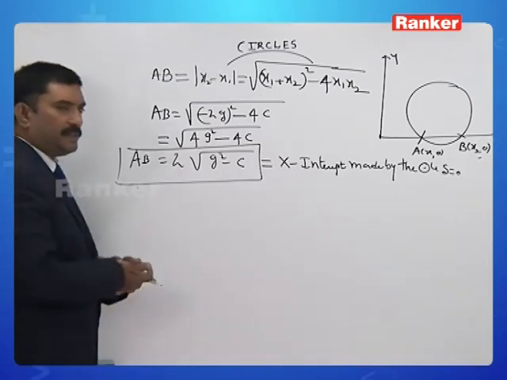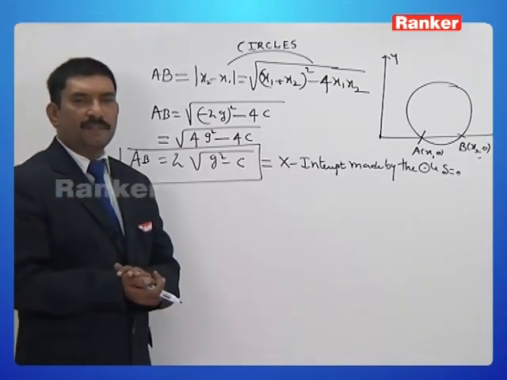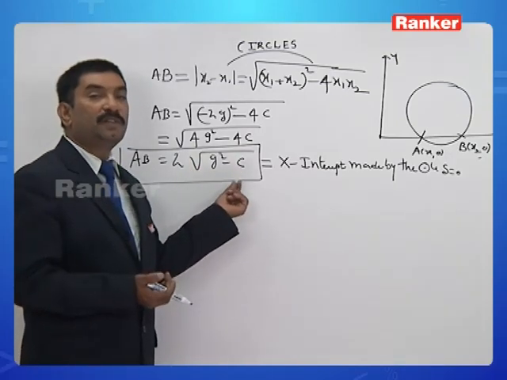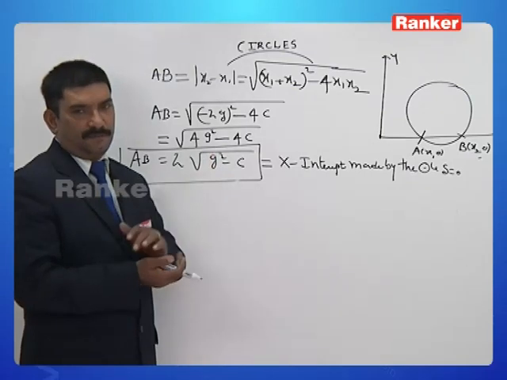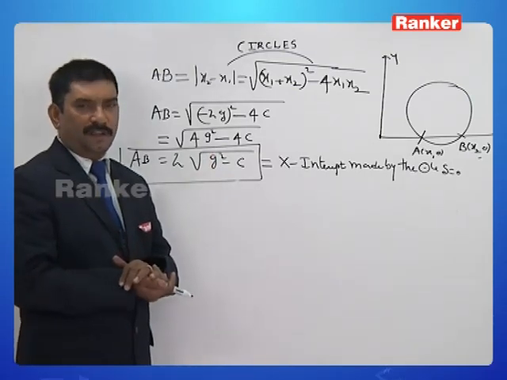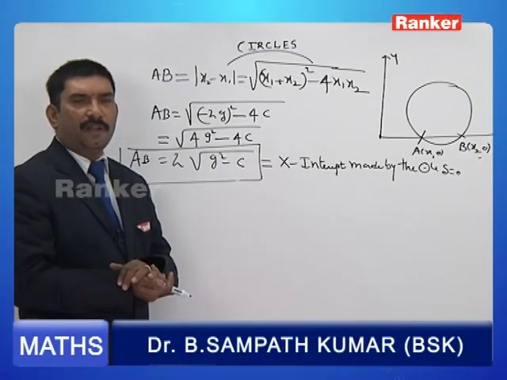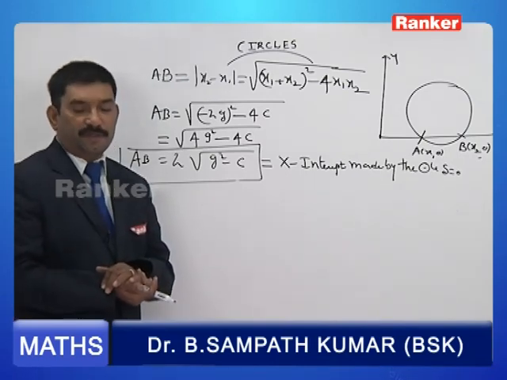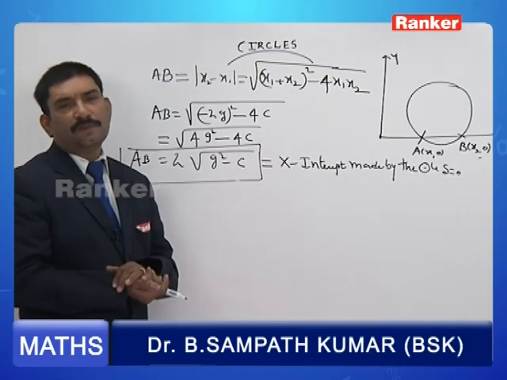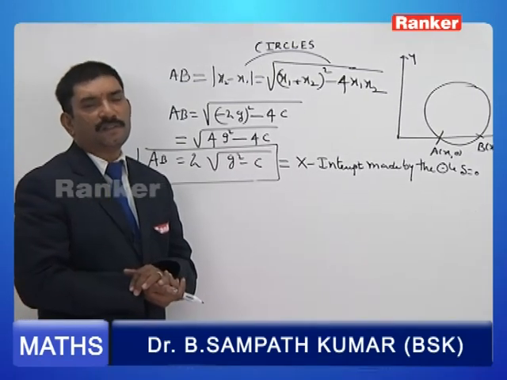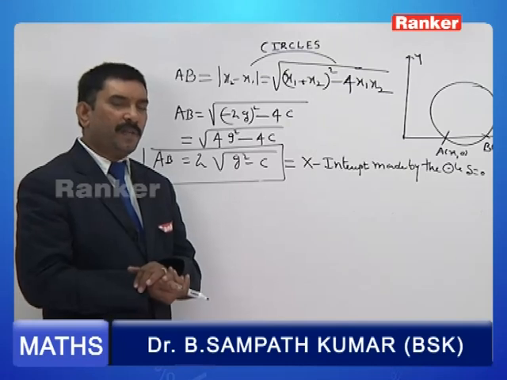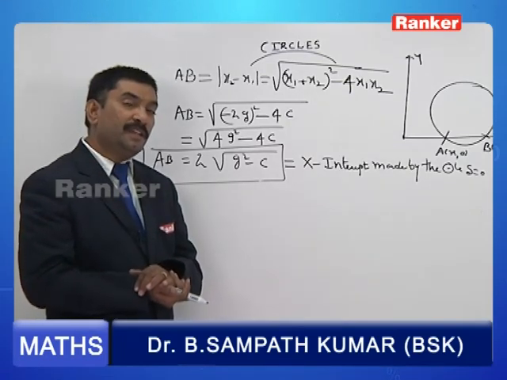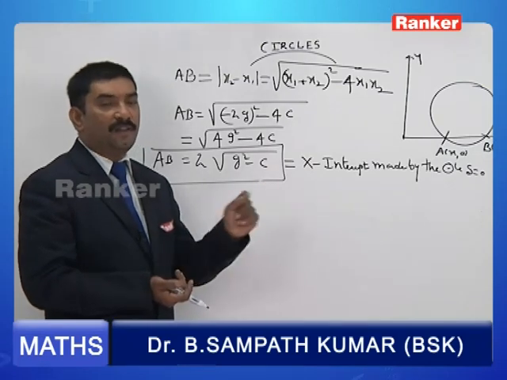Now let us discuss whether it is positive, equal to 0, or negative. We know any quantity under the square root must be non-negative. So when g square minus c is greater than 0, the roots are real and distinct.